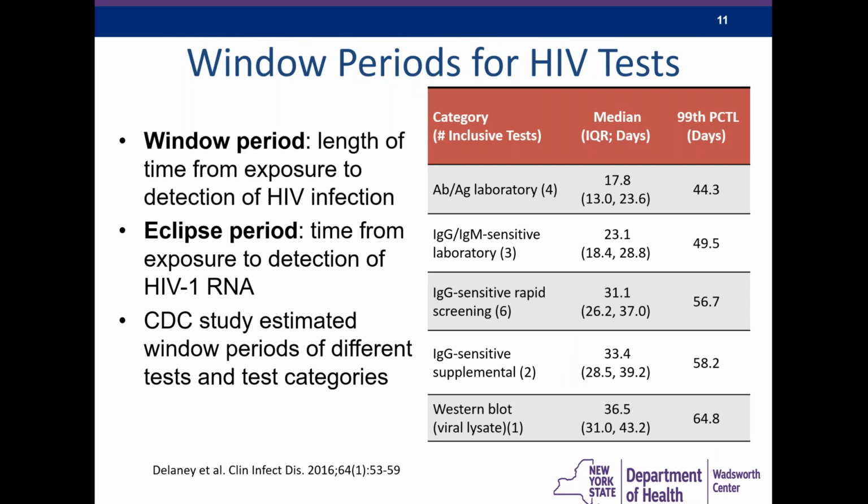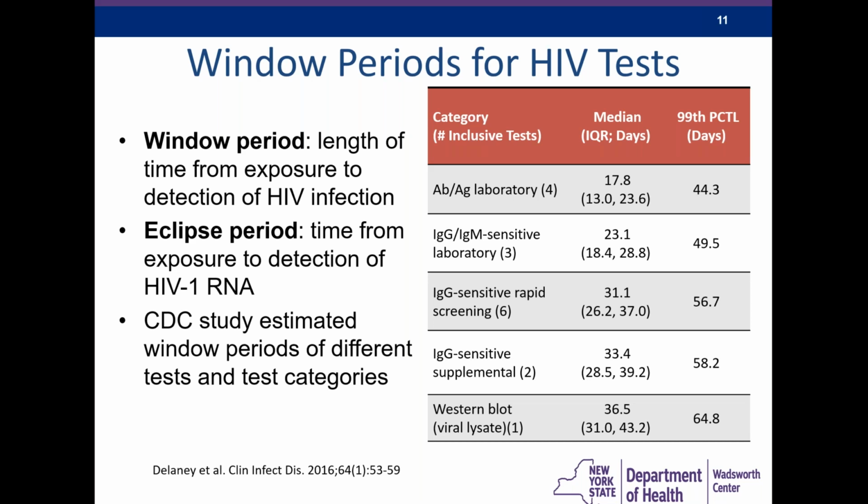I'm going to just digress a bit from the algorithm just to discuss some of the window periods of these tests, because this is something where there is some new data available that can help us understand the sensitivity of the test. So first, let's define window period, which is the length of time from exposure to detection of HIV infection.